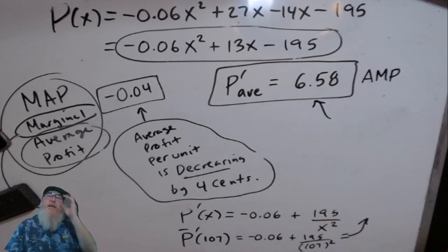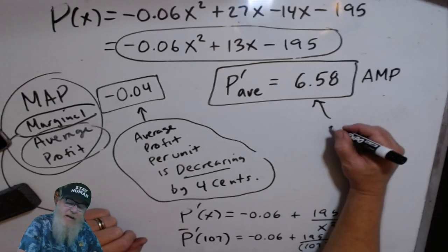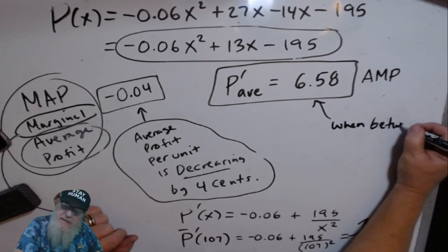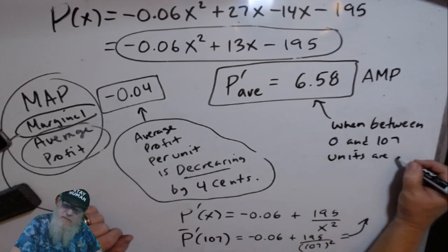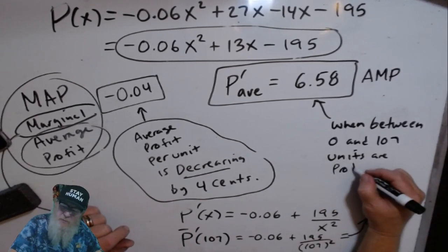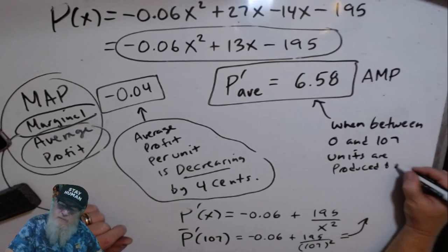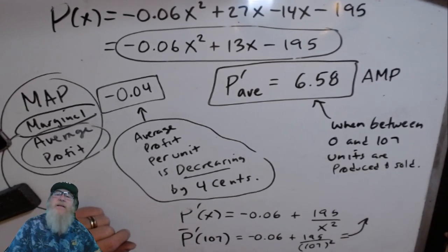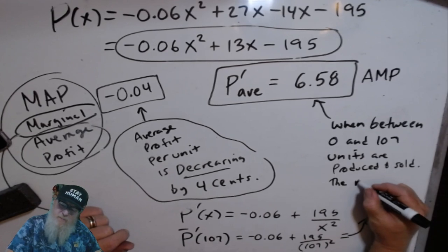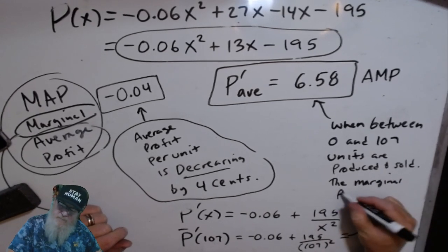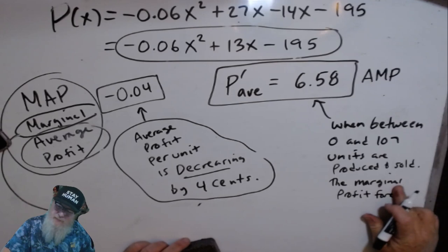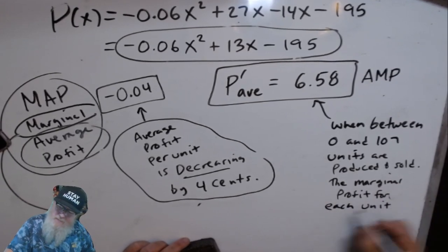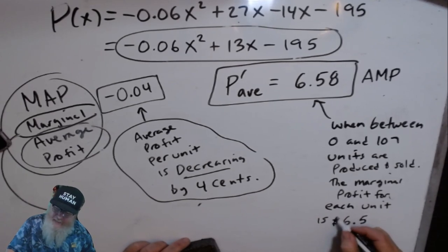The AMP tells you something else, right? This tells you that when between 0 and 107 units are produced and sold, all right, you got to produce it and sell it, the marginal profit for each unit is $6.58.